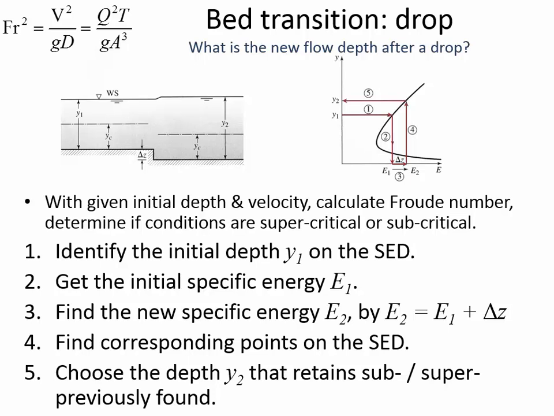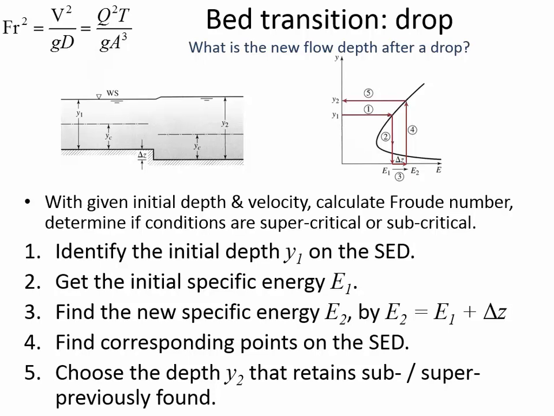Is that why in step 3, where E2 equals E1 plus the delta z, for some reason I'm thinking that would be only an increase in potential, like it's stepped up just by that factor? Well, the specific energy is the sum of the kinetic and the potential.